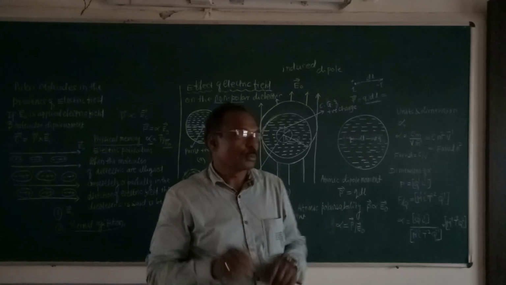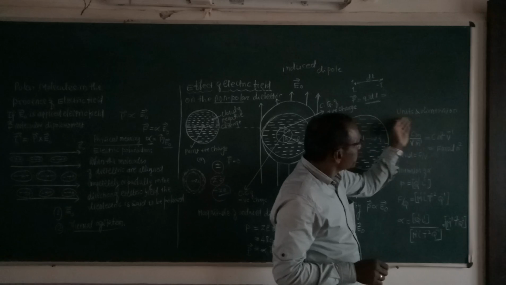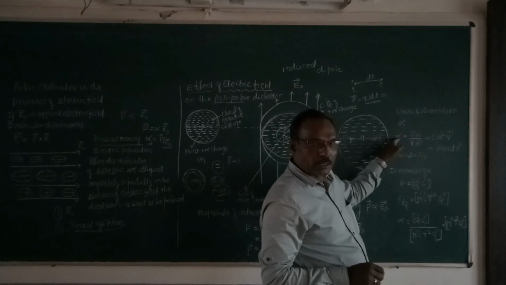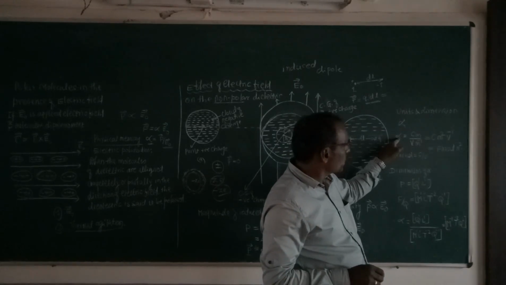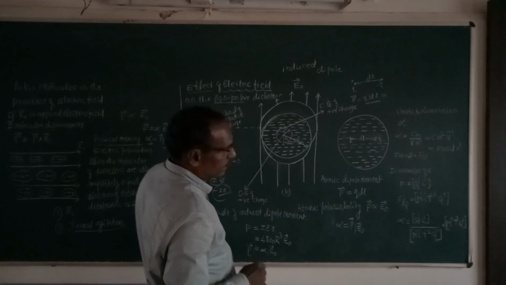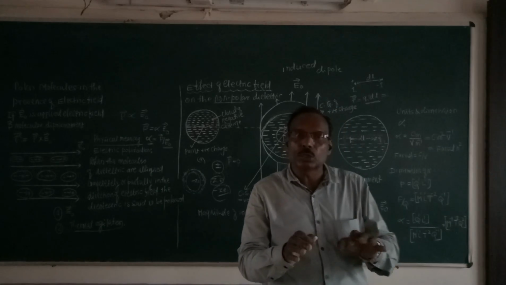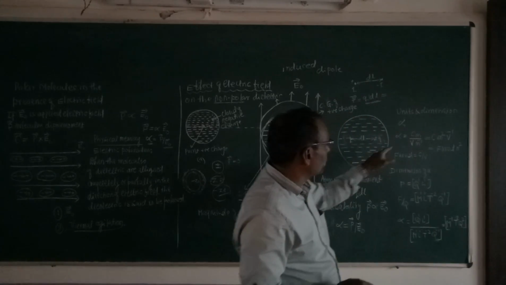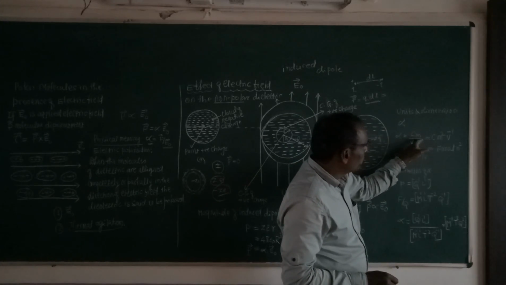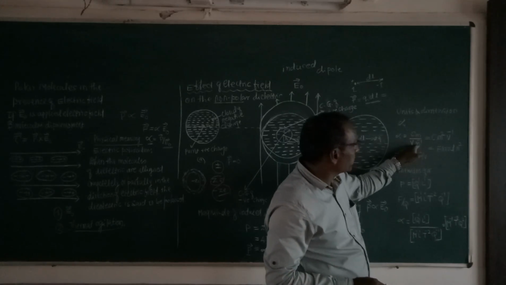Alpha, the atomic polarizability, is equal to P, the dipole moment, which we measure in charge into meter, coulomb into meter, per volt per meter. Volt per meter is the unit of electric field.